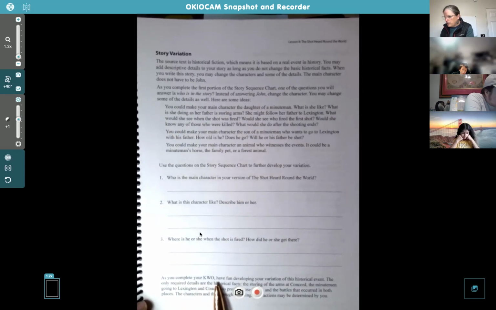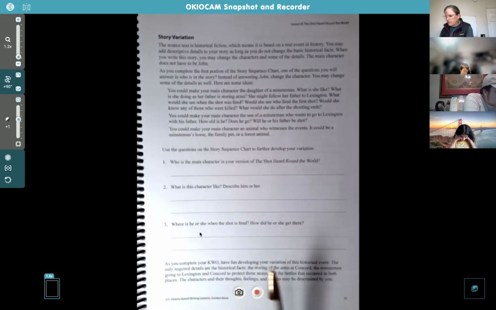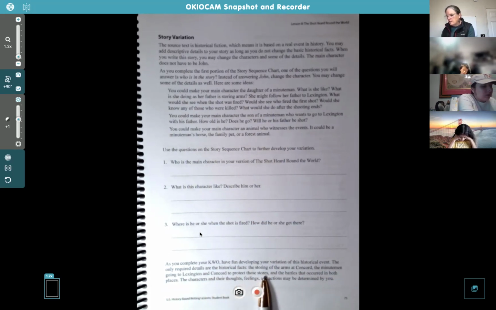As you complete your KWO, have fun developing your variation of this historical event. The only required details are the historical facts. So these are required. I'm looking at the bottom here. The storing of arms in Concord, the Minutemen going to Lexington and Concord to protect those stores, and the battles that occur in both places.